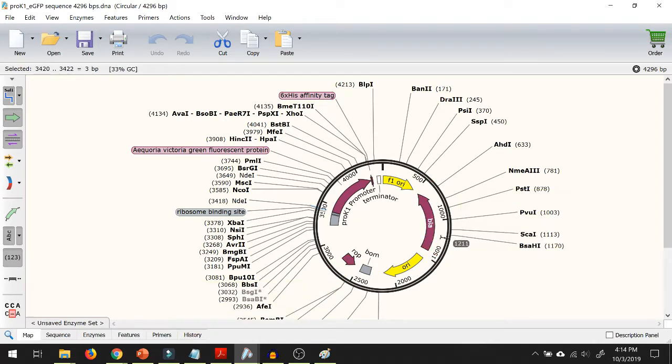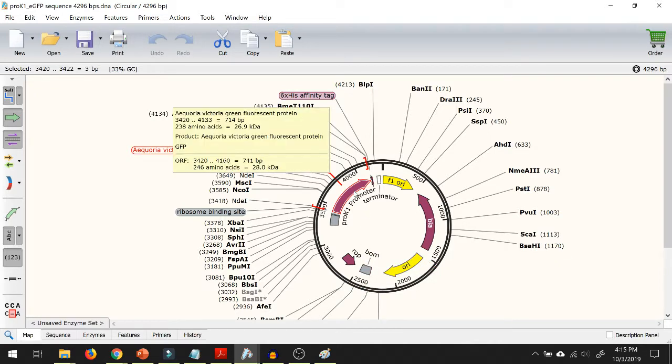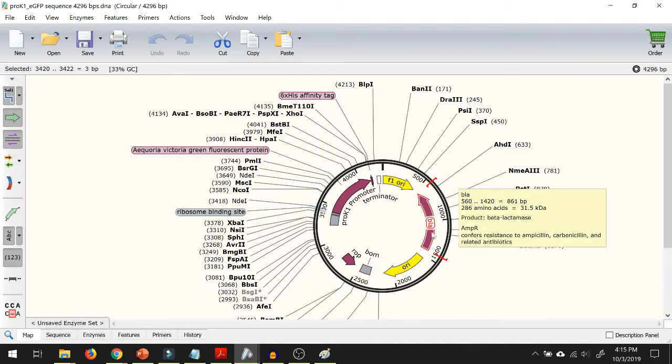So a plasmid is composed of a few main things. Generally, we call everything that's not the gene that you put in, so in this case, we'll say the gene we put in is the green fluorescent protein, the plasmid backbone, right?